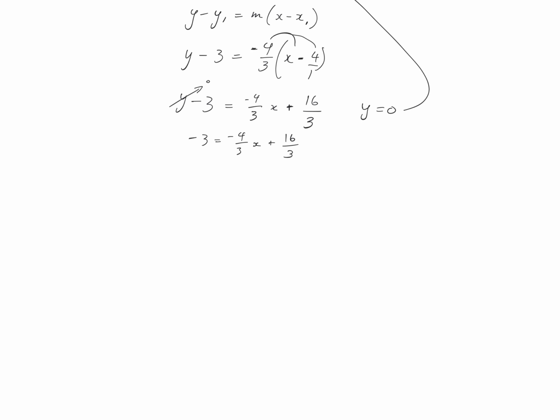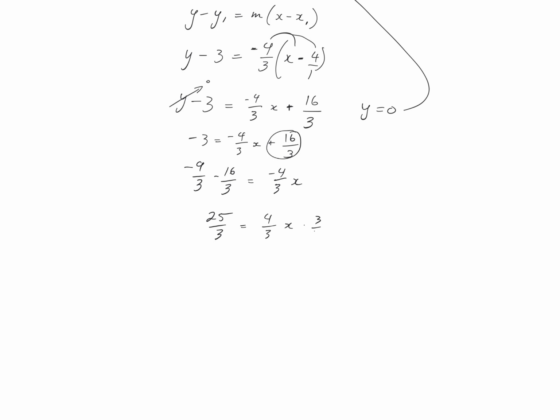Now we can make this negative 9/3. We're going to subtract this thing from both sides. That'll make it go away. So we have minus 16/3 equals negative 4/3 x. Multiply everything by negative 1 to make everything positive. We have 9 now plus 16 is 25/3 equals 4/3 x.